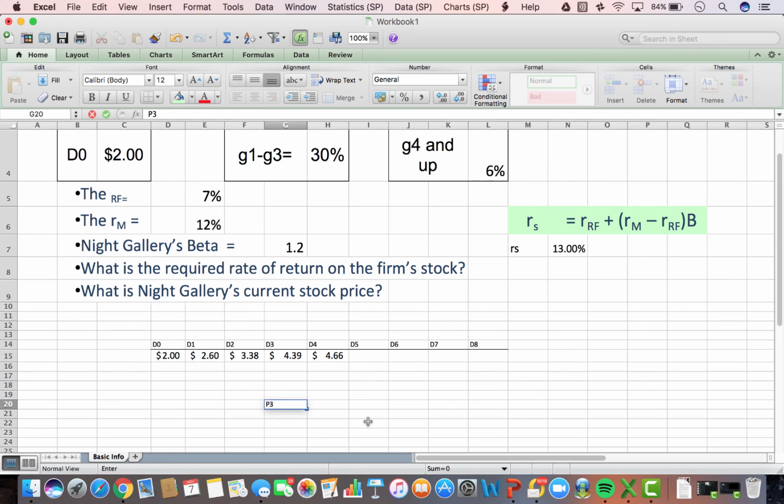P3 is going to be what? P3 is going to be D4 divided by R minus G. Go back to your formulas and make sure that what I'm saying makes sense to you. And I do get a price of 66.53.